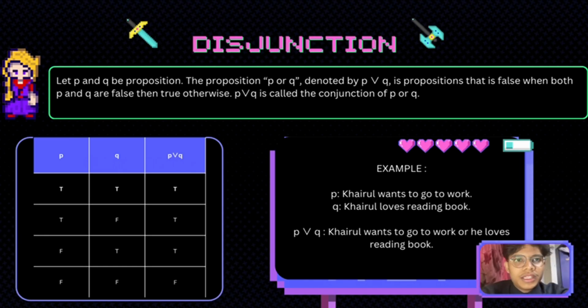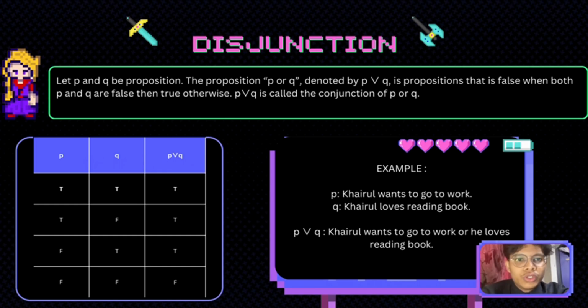Disjunction. Let P and Q be propositions. The proposition P or Q, denoted by P ∨ Q, is the proposition that is false when both P and Q are false, and true otherwise. P ∨ Q is called the disjunction of P and Q. Let's say P is true, Q is true, P ∨ Q is true.